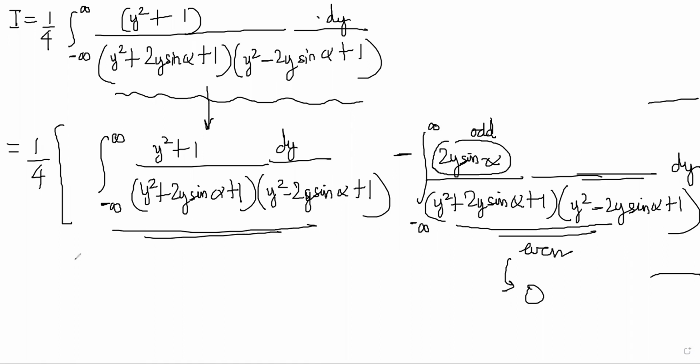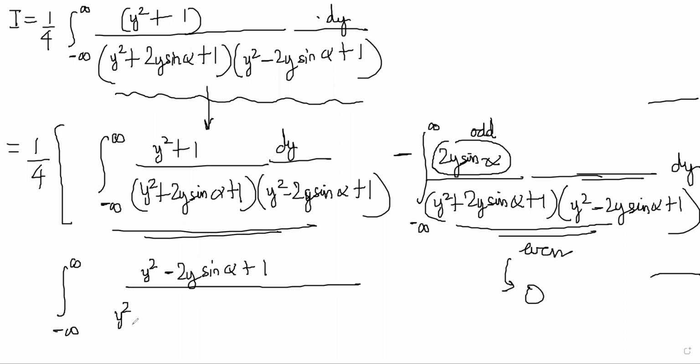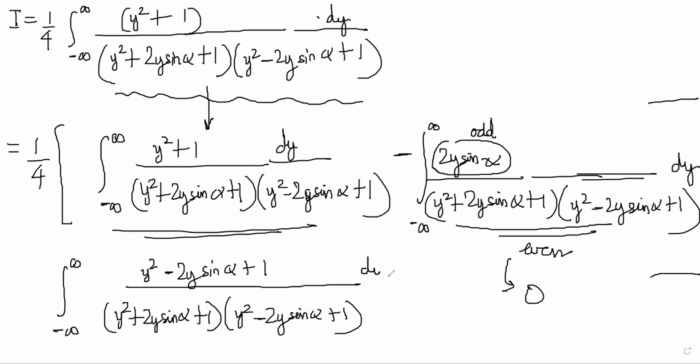But that makes a huge difference for our solution, because what we can do is now combine them and write the top part as this: (y square minus 2y sine alpha plus 1) divided by (y square plus 2y sine alpha plus 1) and (y square minus 2y sine alpha plus 1). Because I'm combining both the integrals now, and notice now this cancels one of our factors very well, right? So that is very convenient.